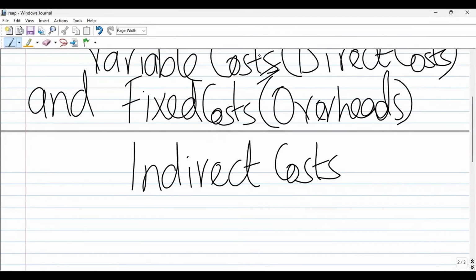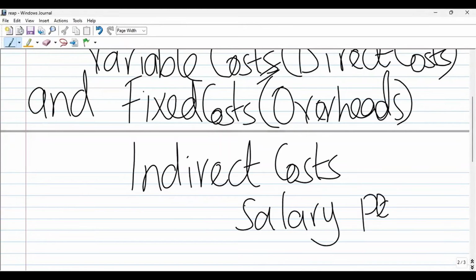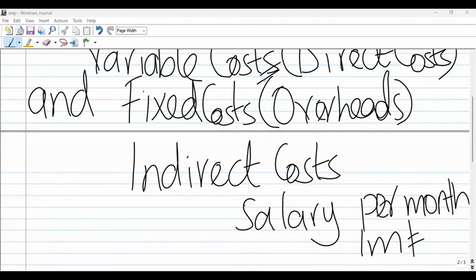For example, if you have a labor cost which is per month, so I'm paying people salary every month, it means that whether someone works or doesn't work, I still have to pay them the agreed amount of money. If we agreed on 1 million shillings per month, whether someone works or does not work, at the end of the month I'm going to pay them their 1 million shillings.